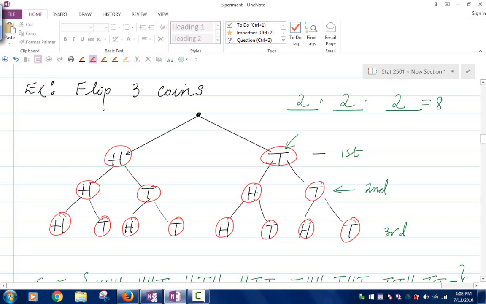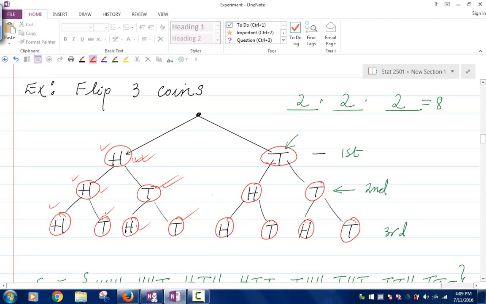So I can read off the results from the 3 flips by reading the nodes in my tree diagram. So I can, for example, get head, head, head, or head, head, tail. I can get head, tail, head, or I can get head, tail, tail, and so on.